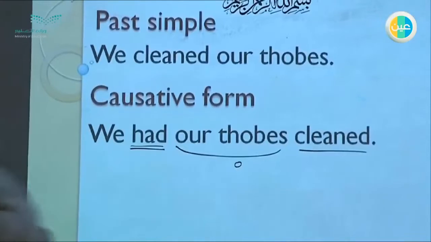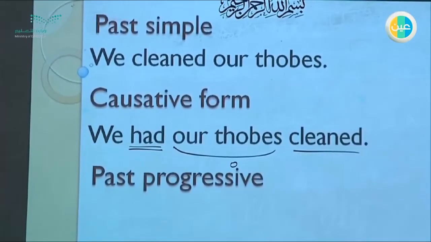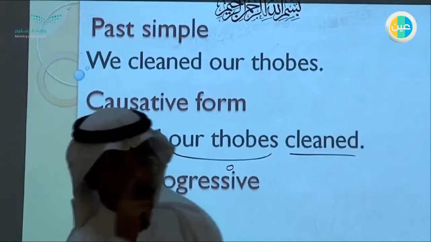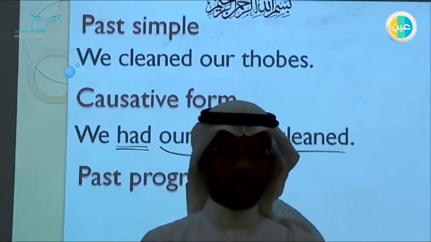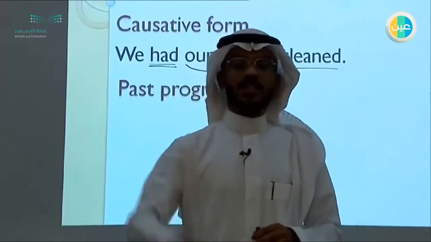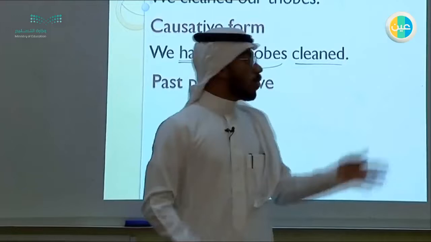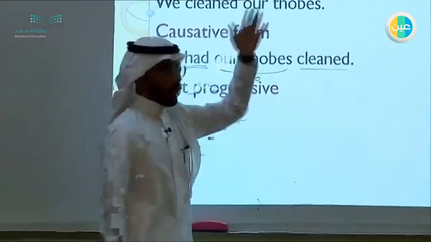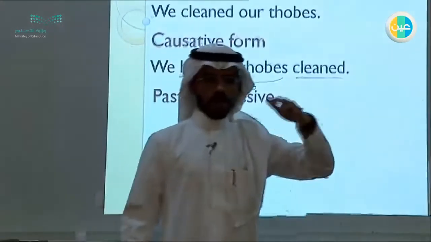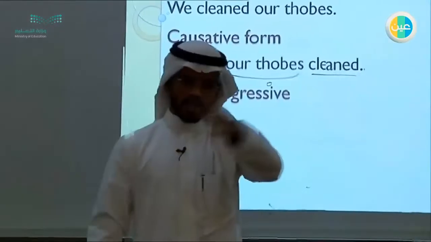Okay, let's take past progressive. We use past progressive for something that also happened in the past. مثلا لو ناخذ الجملة هذه we cleaned our thobes yesterday. This is past simple.